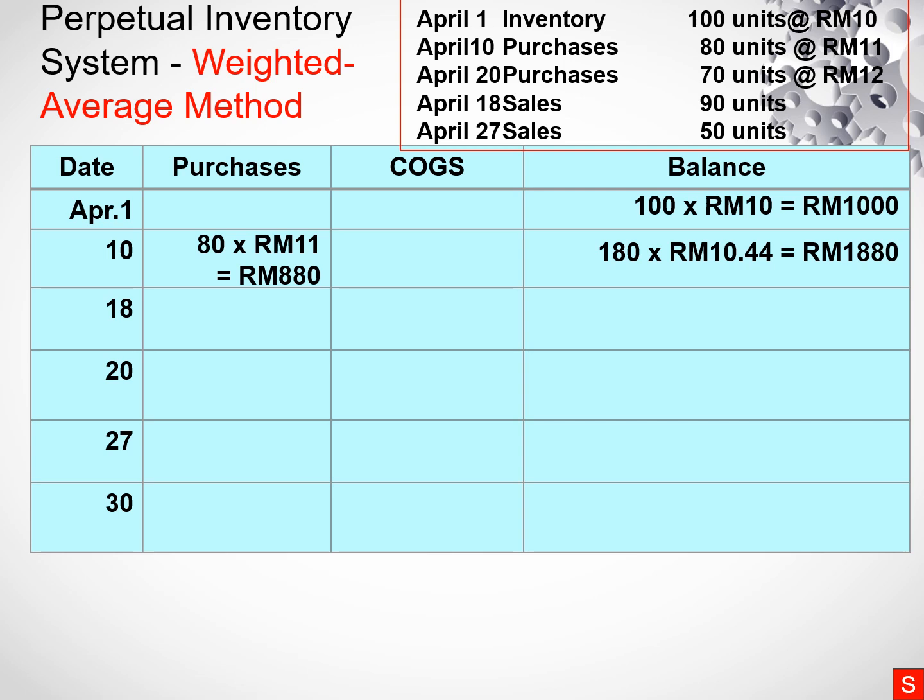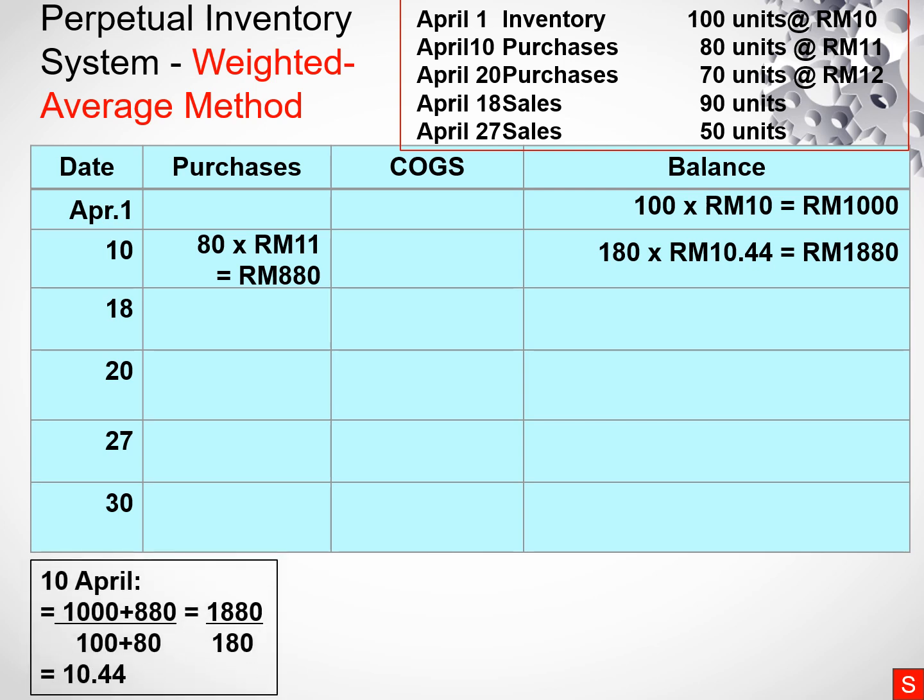So you have to calculate the cost per unit as follows. 1000 plus 880, that is the cost, divide by 100 plus 80, that is the unit, so equals to 10 ringgit and 44 cents. Next transaction is on 18 April, that is sales 90 unit.